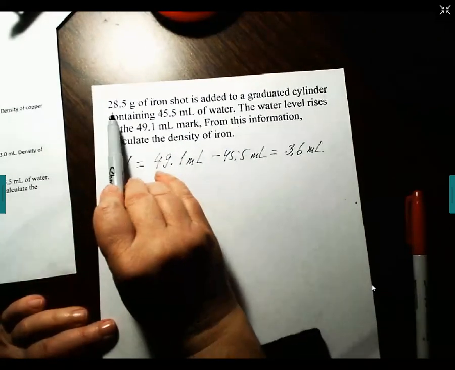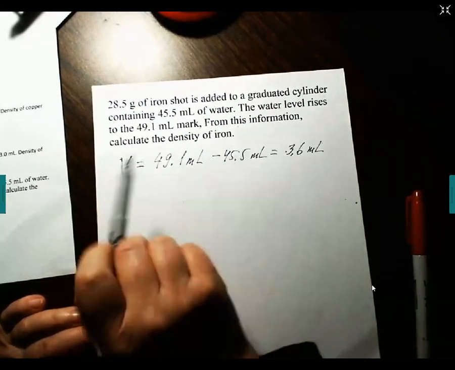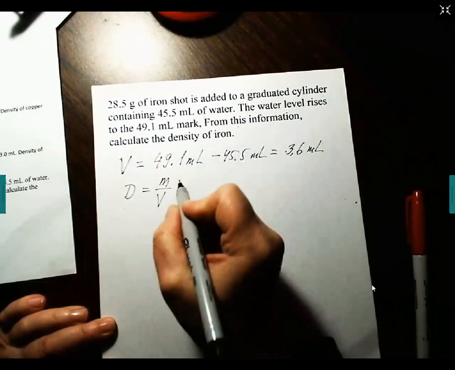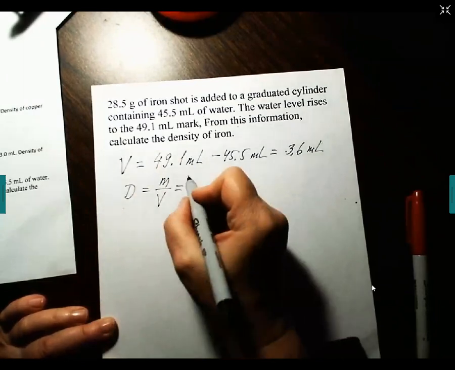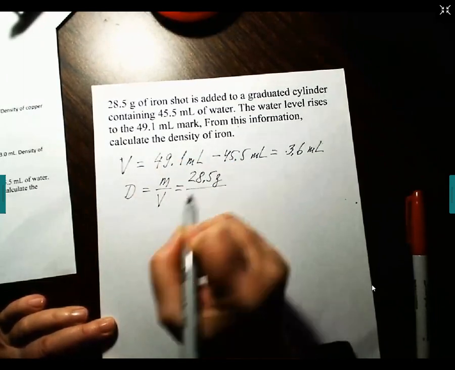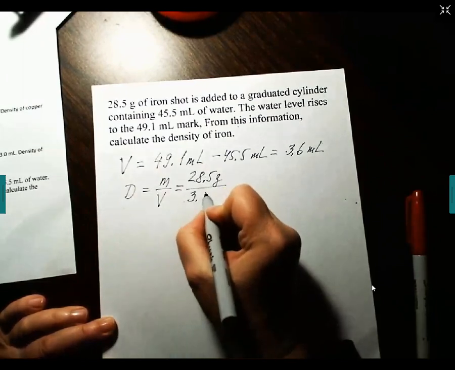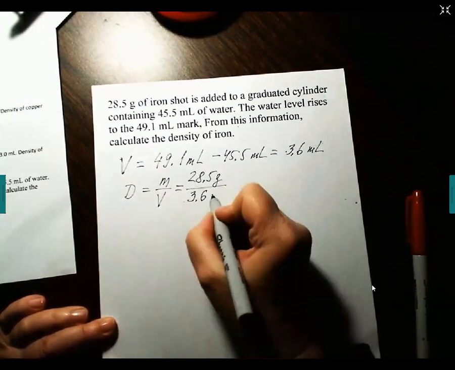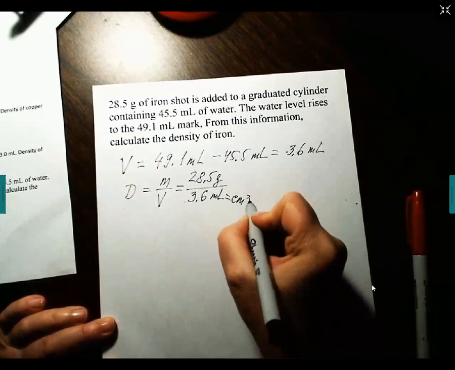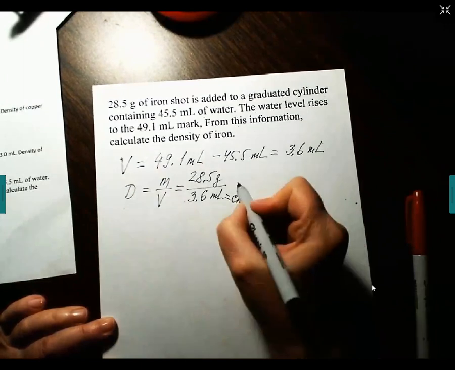And we know mass, we know volume, we can calculate density. Density is mass over volume. So 28.5 grams divided by 3.6 milliliters, or we already know that it is the same as cubic centimeters.